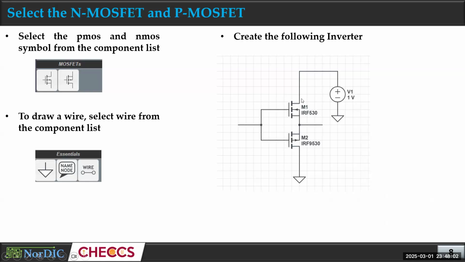We'll do the VDD and ground later. So connect the drain terminals and make the output, and then connect the gate terminals like this and create this input terminal.